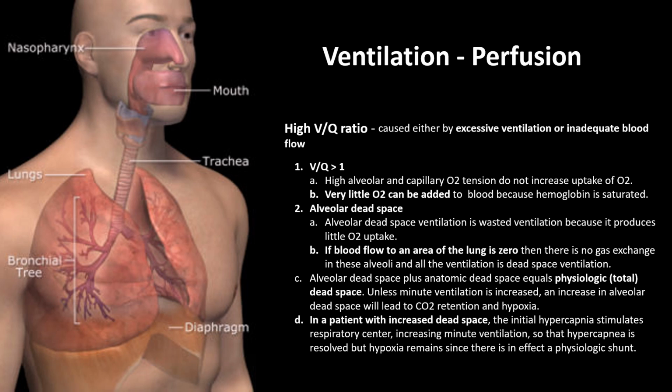Unless minute ventilation is increased, an increase in alveolar dead space will lead to CO2 retention and hypoxia. In a patient with increased dead space, the initial hypercapnia stimulates the respiratory center, increasing minute ventilation so that hypercapnia is resolved but hypoxia remains since there is, in effect, a physiologic shunt.